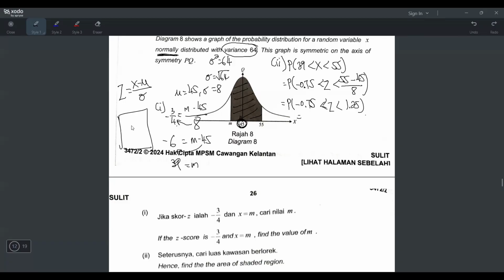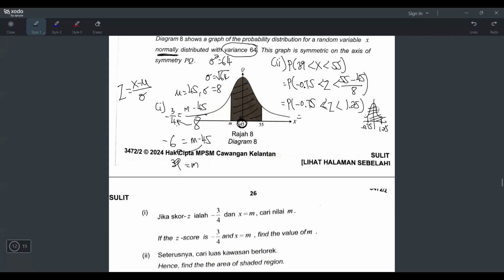If it's Z in between like this, you cannot. So what you can do is sketch. We know the Z value is negative 0.75, so it is at the left side, and 1.25 is at the right side. If you draw, this is your shaded region, the probability, the area of the region you're trying to find.